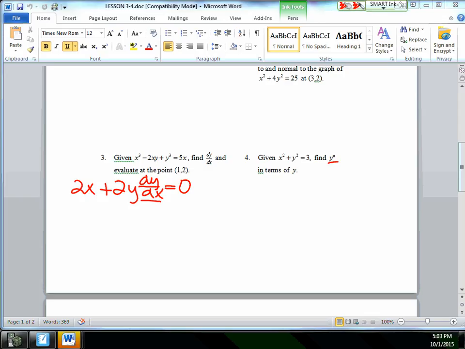Solve for dy/dx, which means I need to isolate: 2y dy/dx equals negative 2x. Last move, divide. And yes, you can simplify that just to negative x over y.